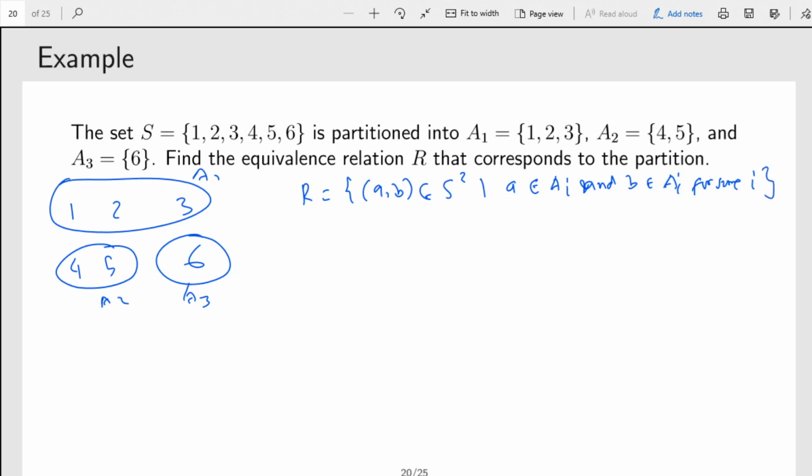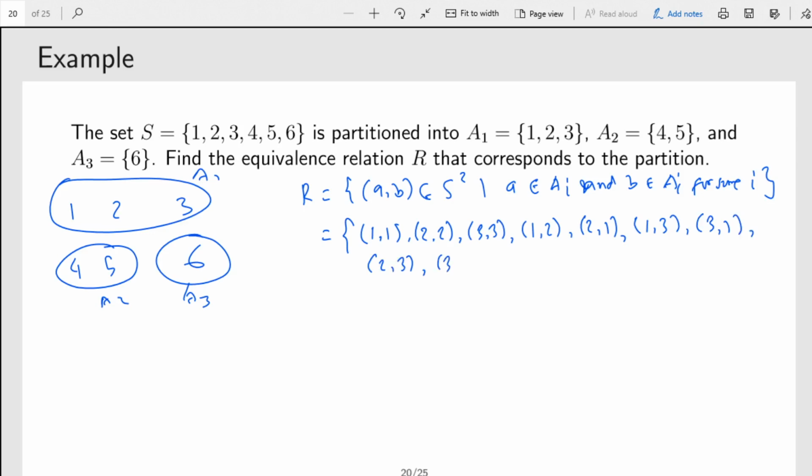So that means for R we would have, for example, (1,1), (2,2), (3,3), and then (1,2), (2,1), (1,3), (3,1), and then (2,3) and (3,2), and then you have (4,4), (5,5), and then (4,5), (5,4), and finally (6,6).